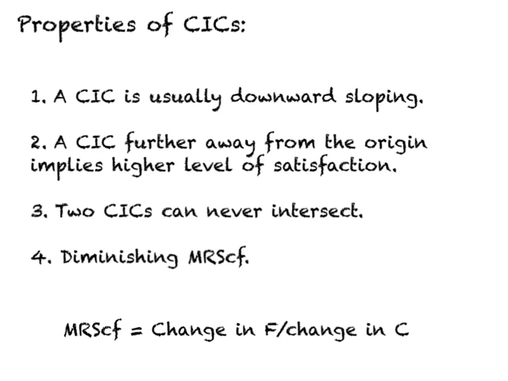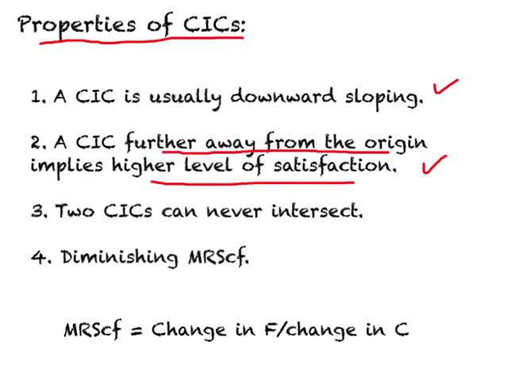Now, very quickly, let us just go through the properties of community indifference curves. The first one being that a community indifference curve is usually downward sloping. The second one being a community indifference curve further away from the origin implies higher level of satisfaction.